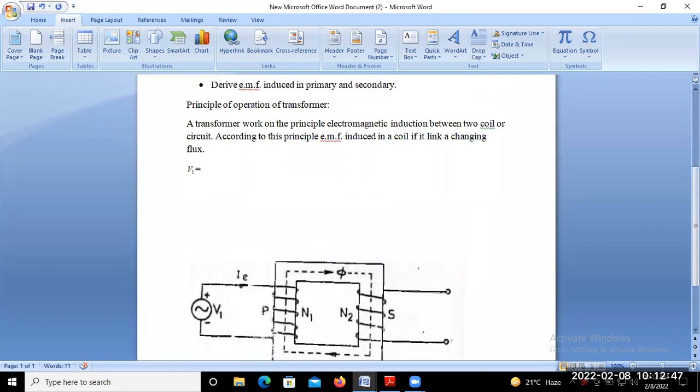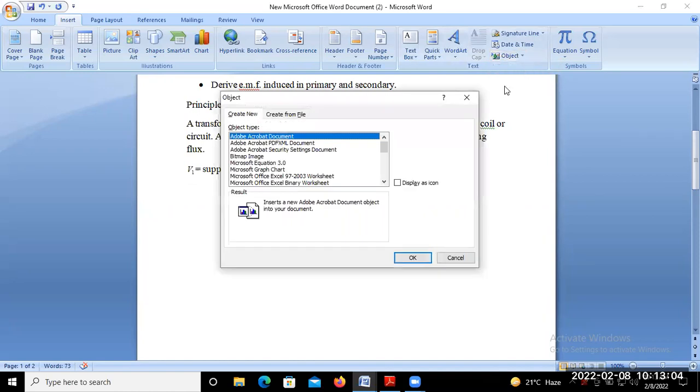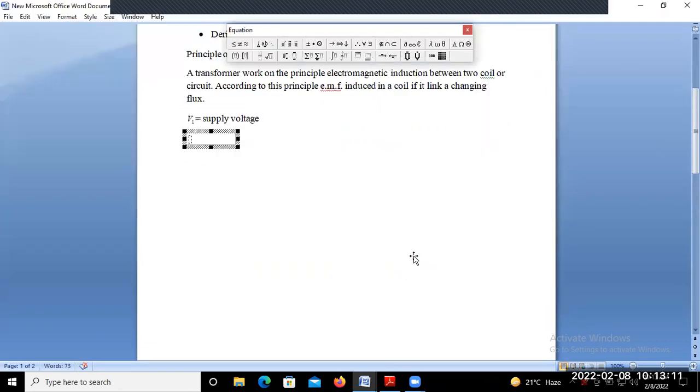IE is your exciting current, or maybe say the no load current, since no load is connected on the secondary side. So IE is your exciting current.